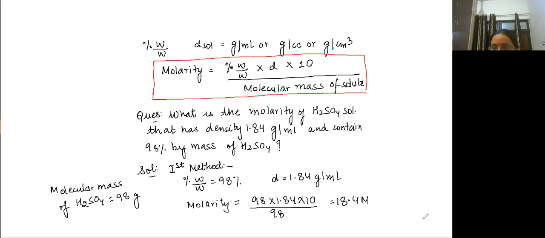Okay. Now let's see the second method. What do you mean by 98% weight by weight? What do you mean by this statement?